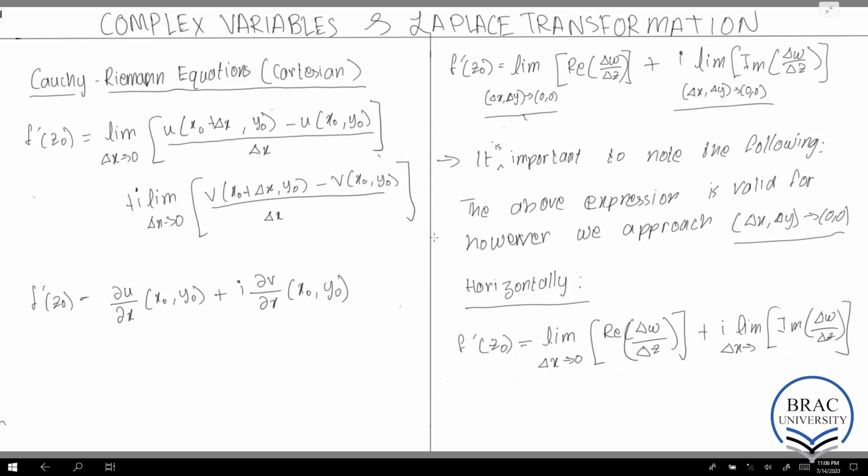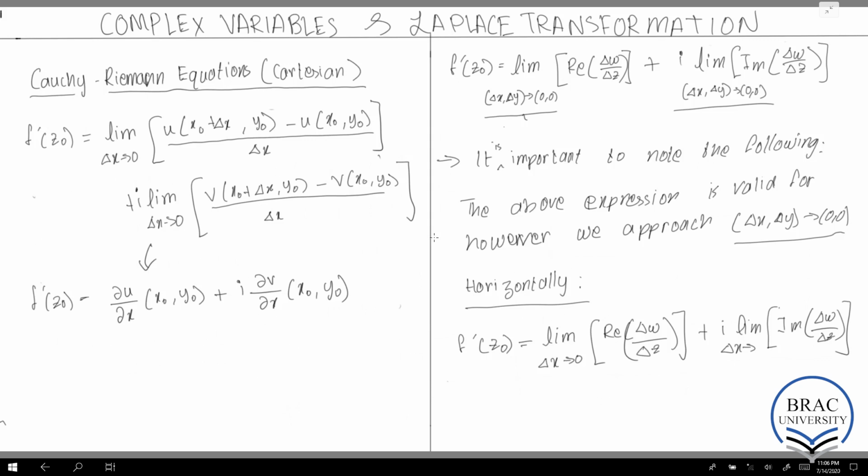If the jump from this step to this step seems confusing to you, please watch the derivatives video again. By definition, taking the limits of these functions would in fact give you these partial derivatives. We saw it for normal derivatives, but it's the same case for partial derivatives.